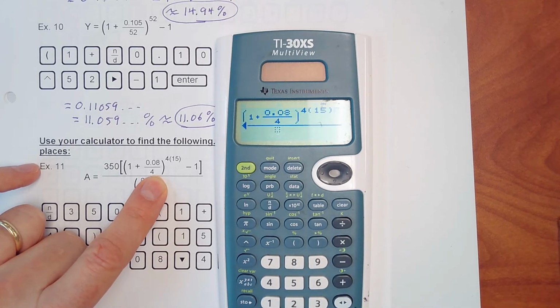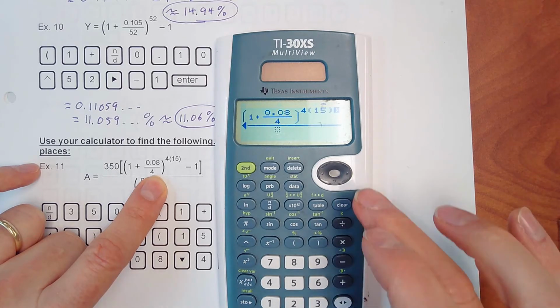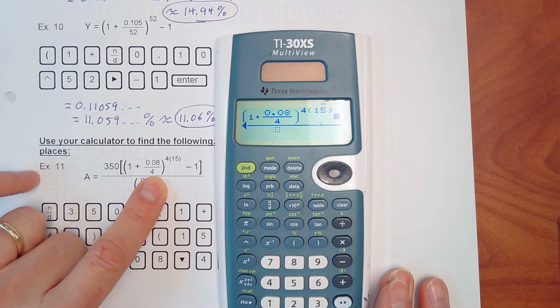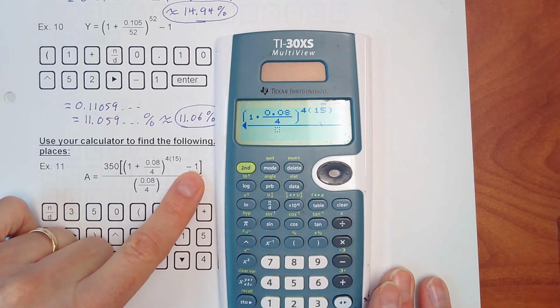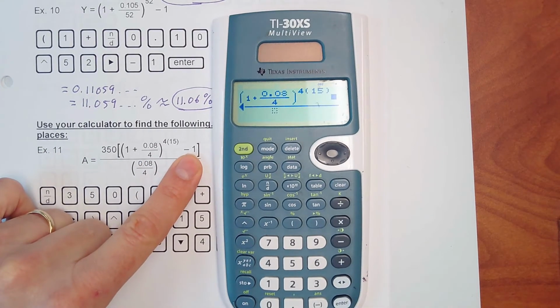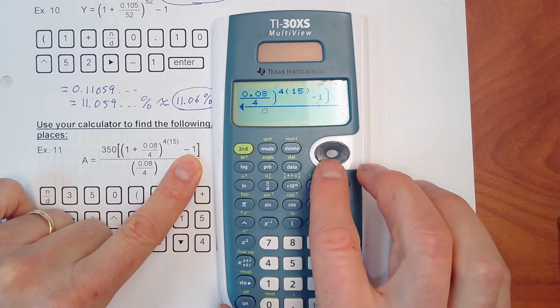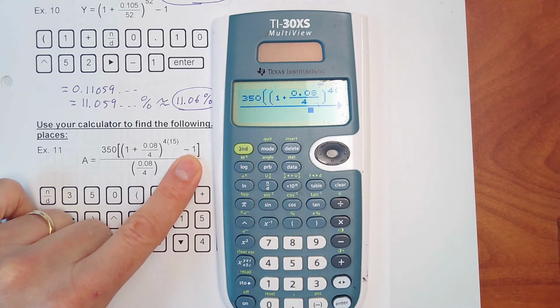Now again, gotta be careful. I need to hit my right arrow key. I need to get back off of that exponent. Now this is actually not a -1. This is subtraction. So it's going to be subtract 1, close the parentheses. Now for the denominator, hit your down arrow to get down to the denominator.